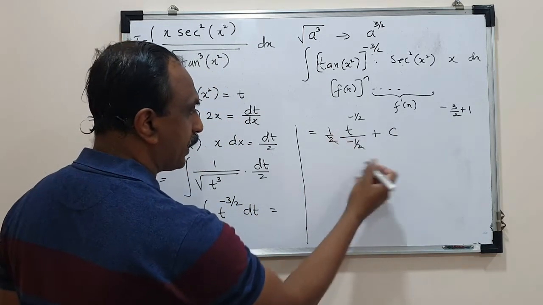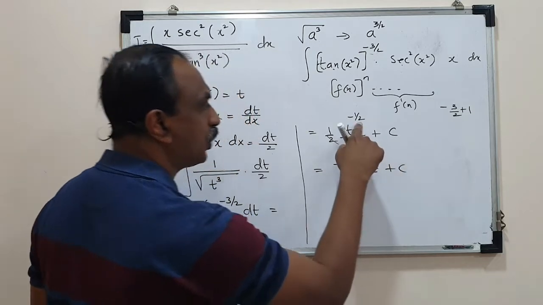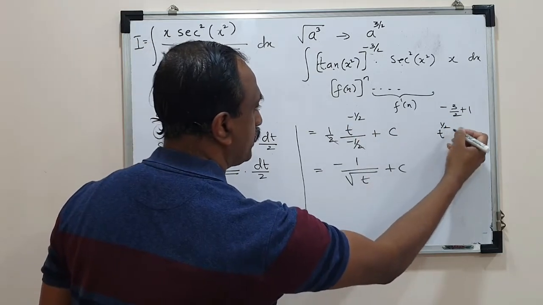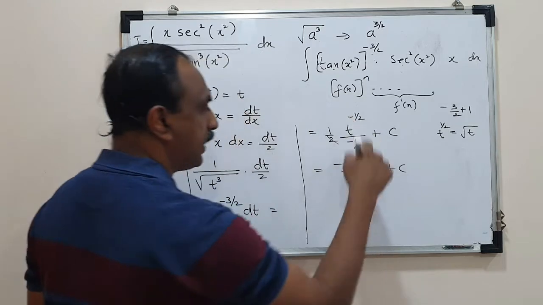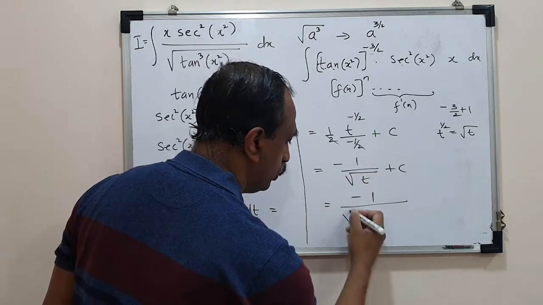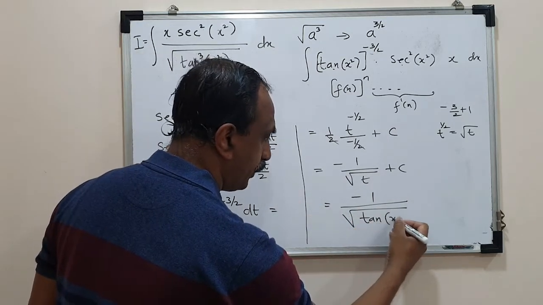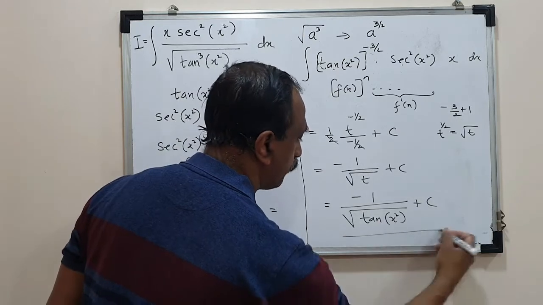This 2 and this 2 can be cancelled. So minus 1 upon root t plus c. T raised to half is root of t. T raised to minus half is 1 upon root of t. So my final answer, root of t is tan of x square, becomes minus 1 upon root of tan of x square plus c.